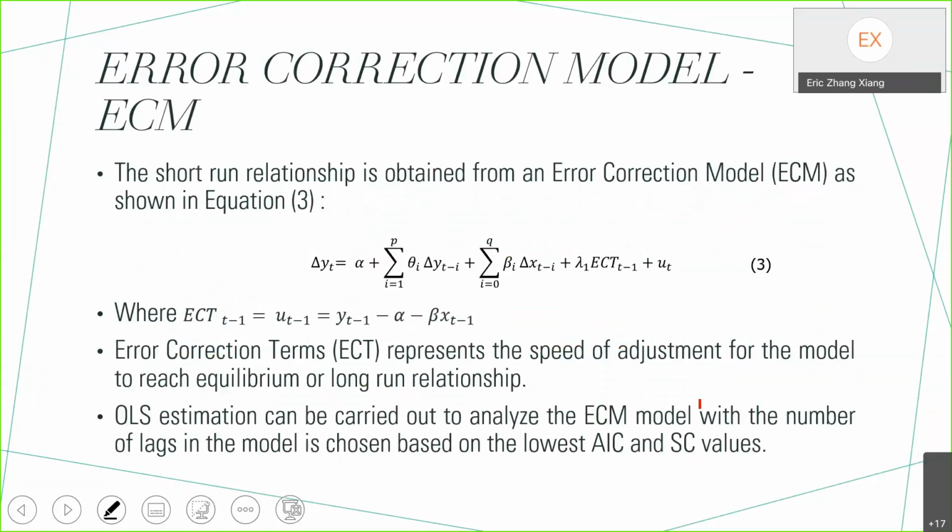So are there any questions so far? Excuse me, teacher, I have a question. I want to ask, in a model, if one variable is I0 and another variable is I1, what model can I use?